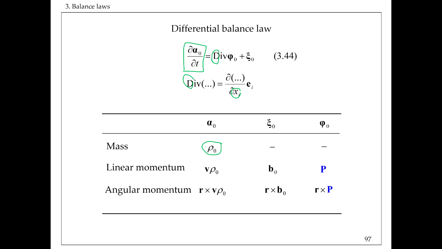Again, this is a volumetric measure, and so the balance law for mass will be extremely simple. Again, we assume that it's a closed system, so there are no sources, and so we'll have just d rho 0 dt equals zero. That will be our conservation of mass law.